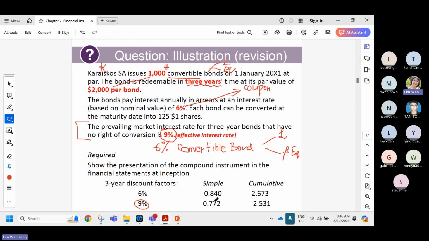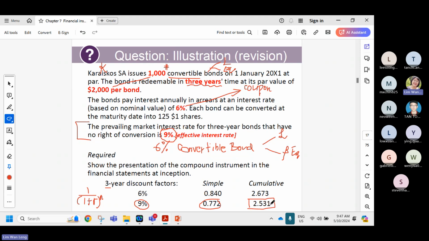The formula is 1 over 1 plus R to the power of N. To get 0.772, the R is 9%, and N is 3, at year number 3. What does cumulative mean? 1 over 1 plus R to the power of N, where N is 1, N is 2, N is 3. Cumulatively, this will be the figure.